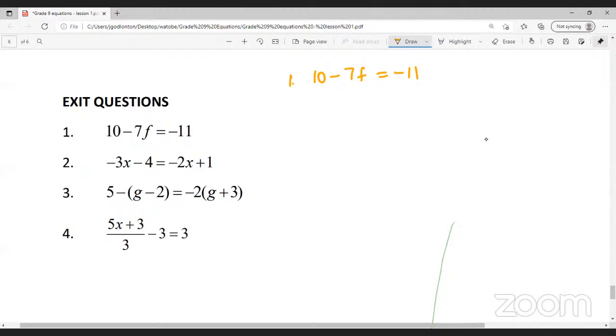Okay, so do you want to move the f over or do you want to move the 10 over? Are you wanting to take that guy there? Or were you adding a 7f here and a 7f here?